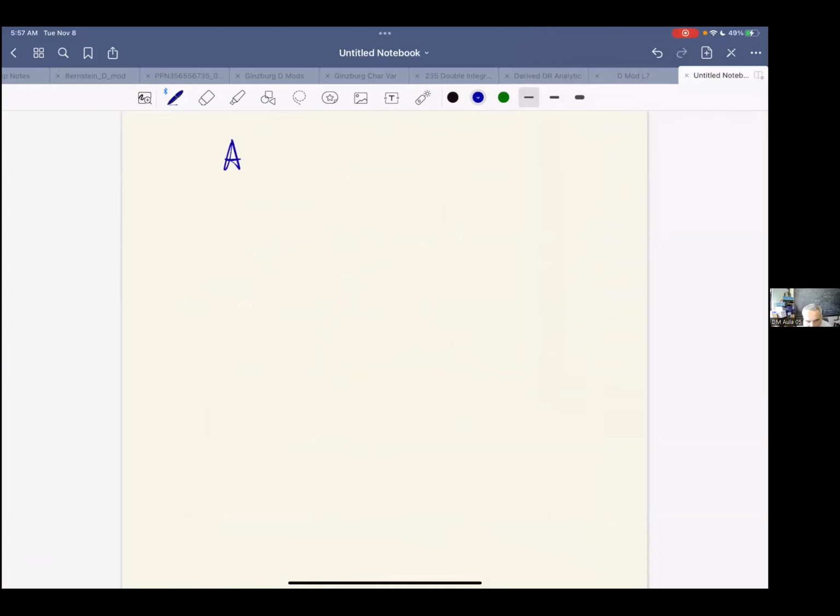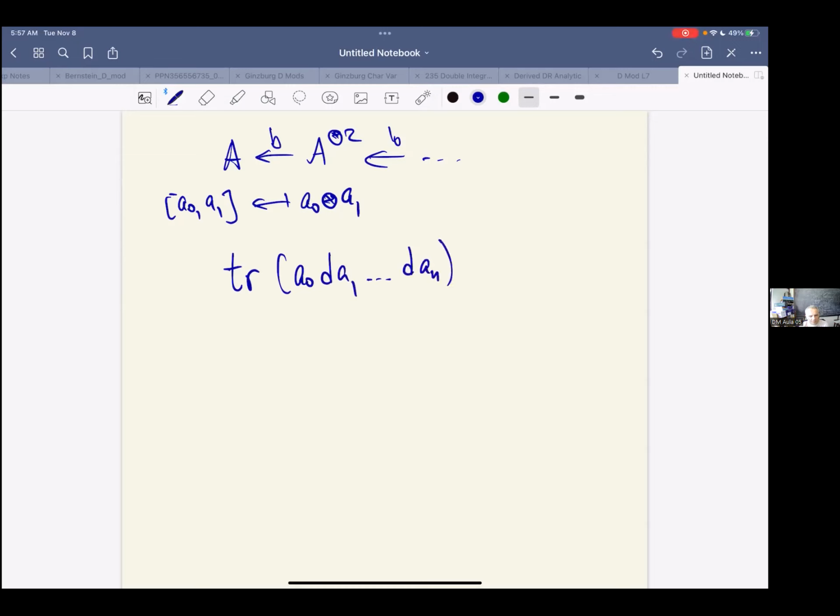Even in the original Hochschild homology, the Hochschild differential happens to be the commutator, and it is good because it reflects the prototypical formula, even for matrix valued forms, from characteristic classes, something like this.